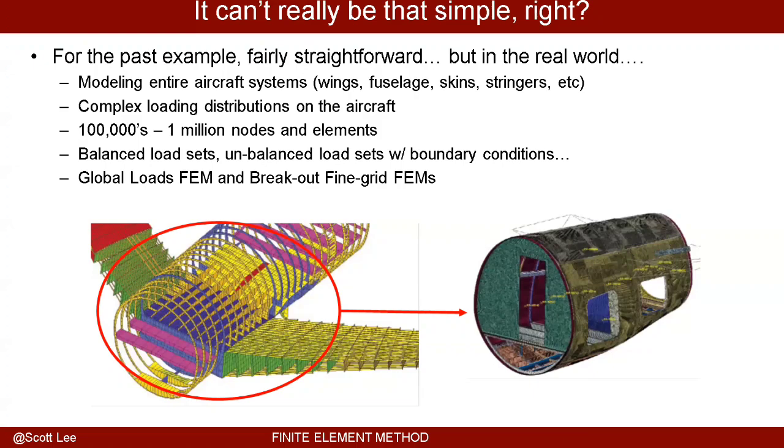We're able to model the connections between all the parts in a more finely detailed manner. And what we end up doing is we grab the free body forces from the global loads FEM and we map it to this fine grid FEM. And then in this fine grid FEM, we're able to evaluate the displacements in a more accurate manner, the stresses and strains in a more accurate manner.